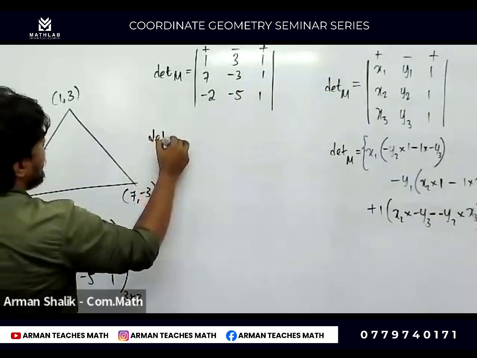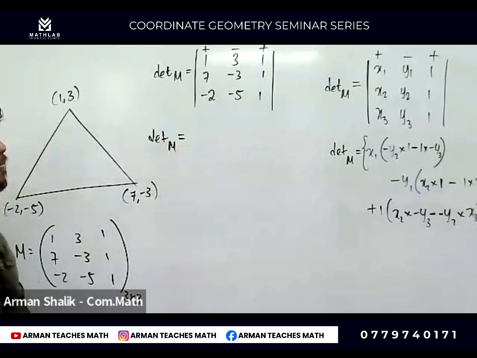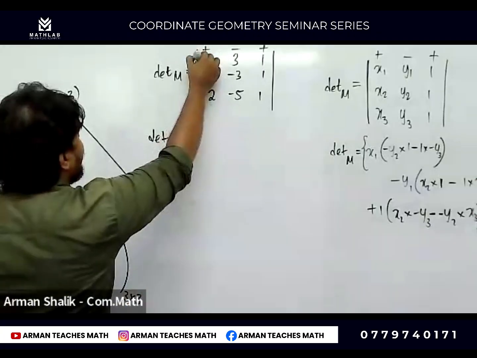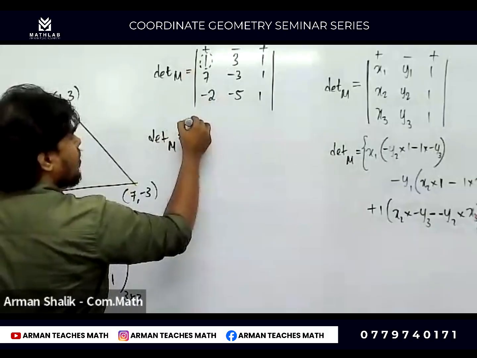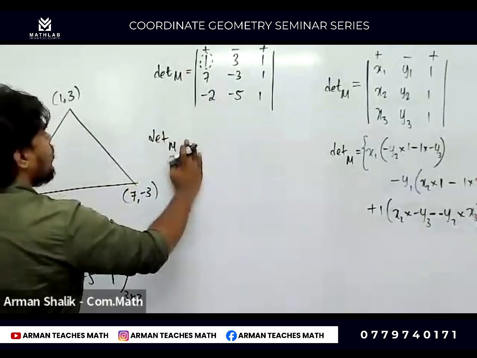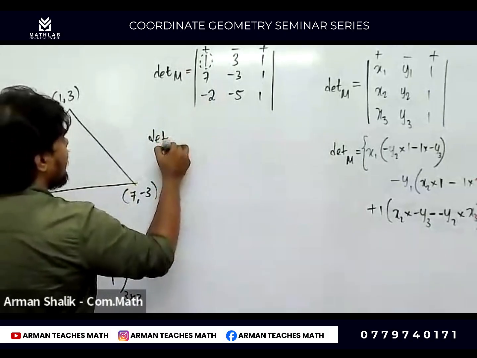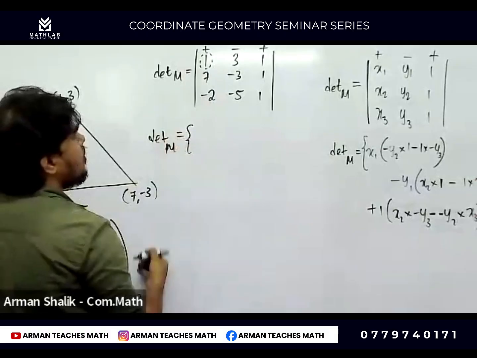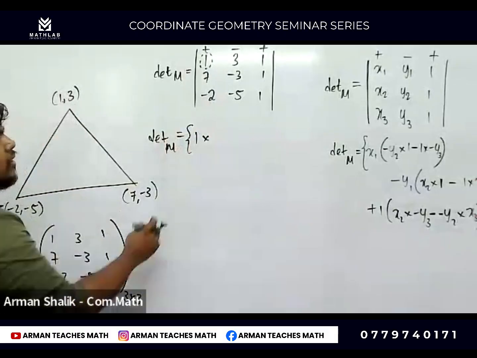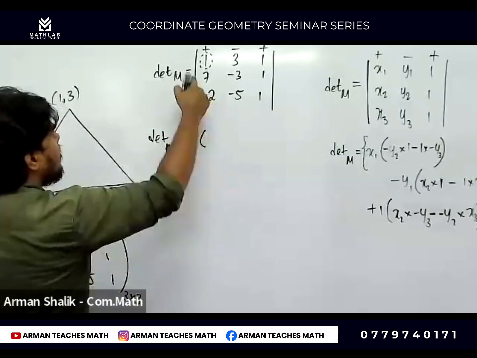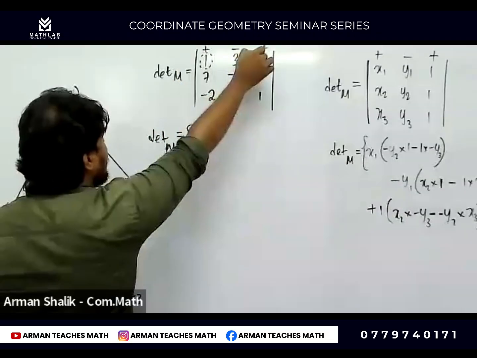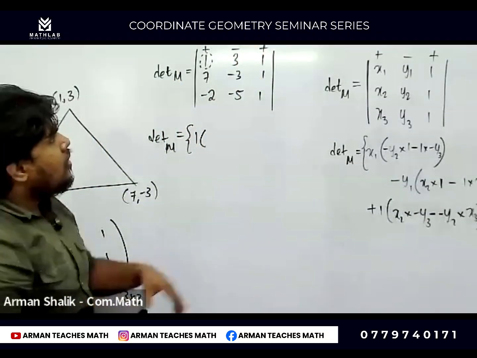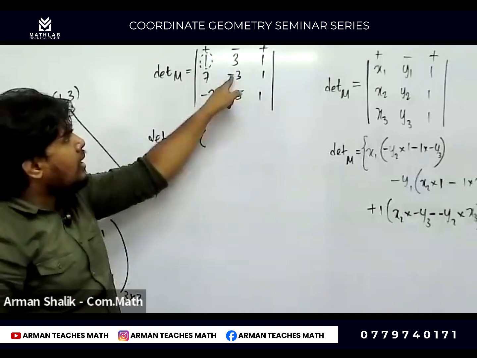Determinant of M equals, the process is to select the first term, 1. Better to remain inside a curly bracket. 1 multiplied by, open a bracket, plus 1 times, this row and this column discarded, minus minus 3.